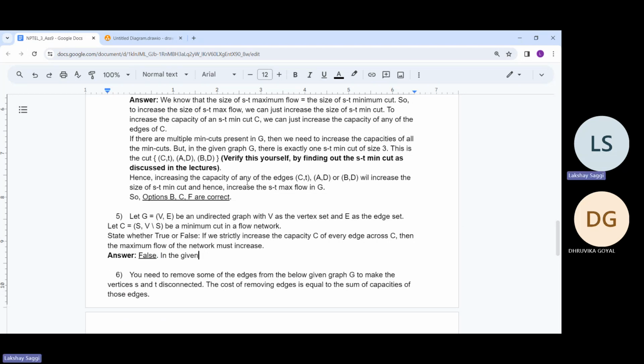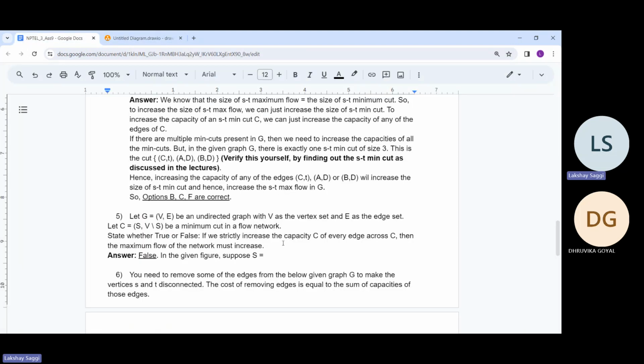So in the given figure, suppose S is the source side vertices.